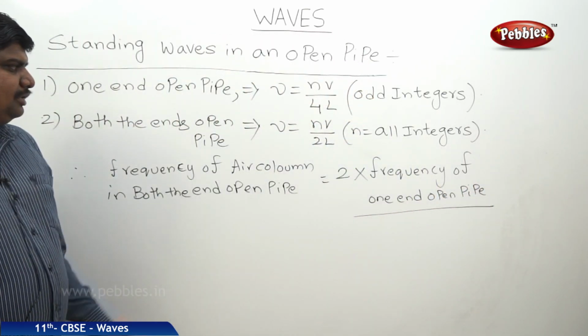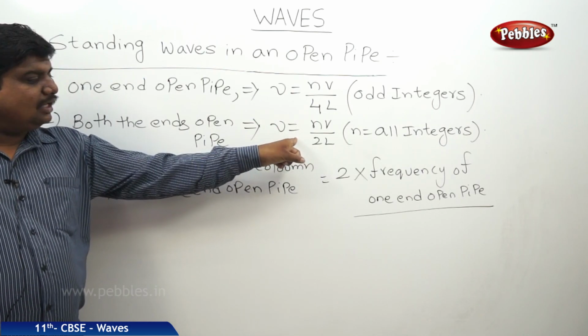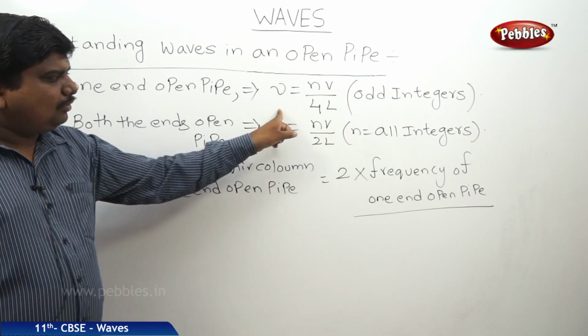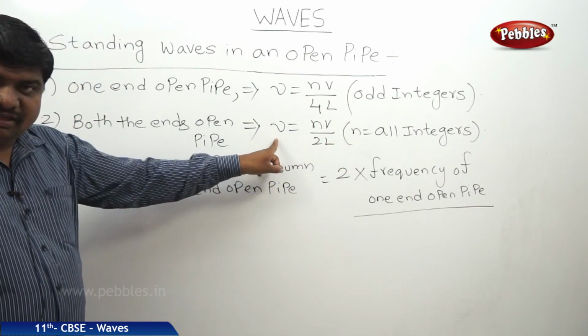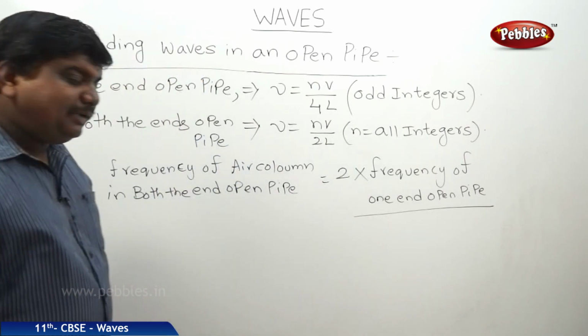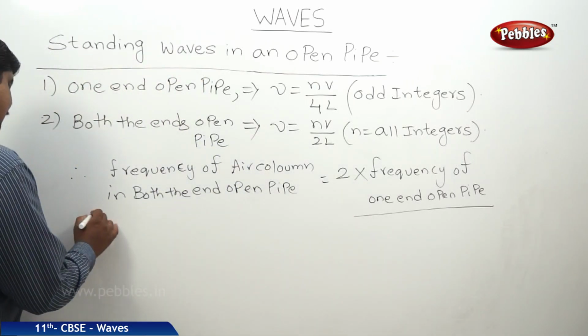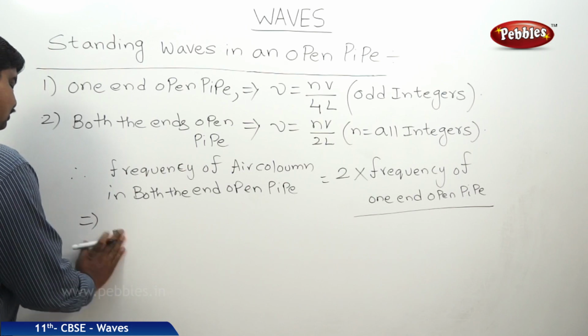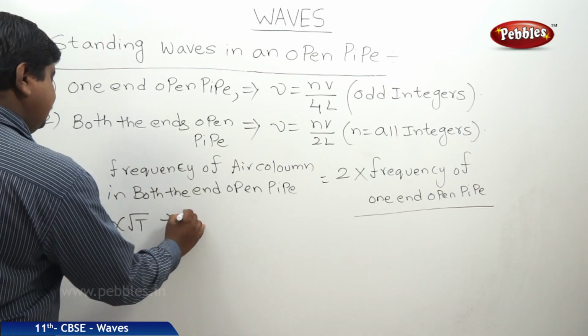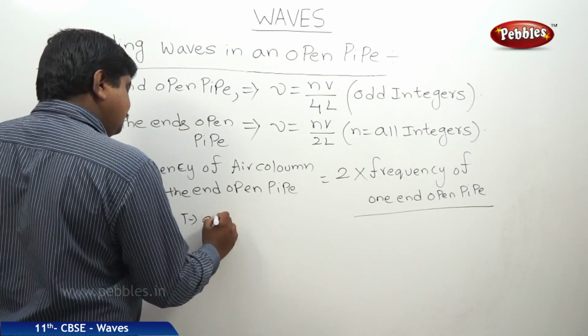That means if the length is L, it has only L by 2. So the number of nodes and antinodes formed in the length L will be created here by only L by 2. But the speed of sound in air is directly proportional to the square root of T, where T is the absolute temperature.